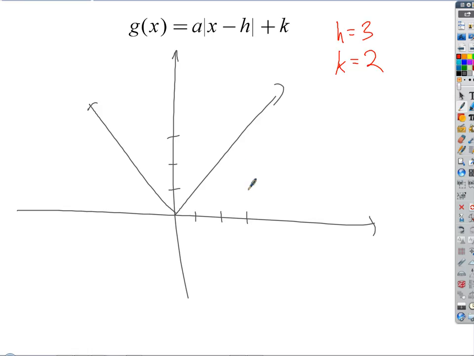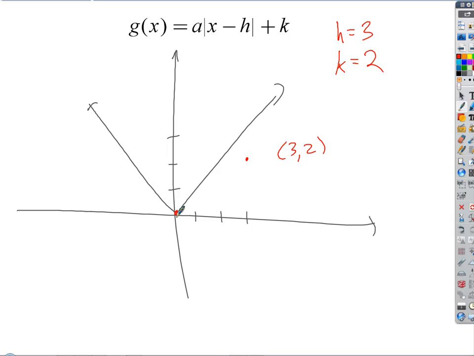So here's going to be the new vertex, right? What are the coordinates of the vertex then? 3, 2. So one way we could think about h and k here: sure, they mean horizontal translation and vertical translation. But for an absolute value function, the vertex is the point that we're always going to keep track of.